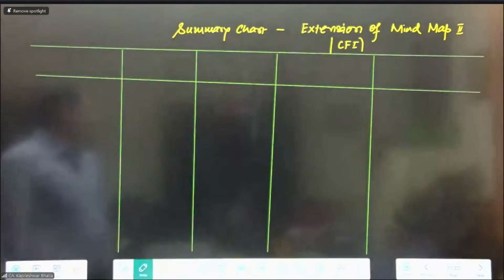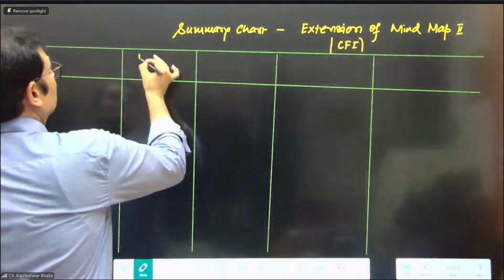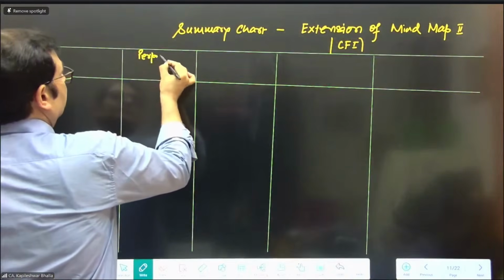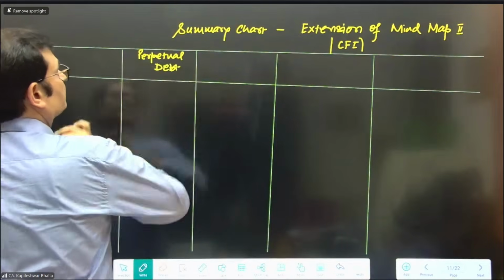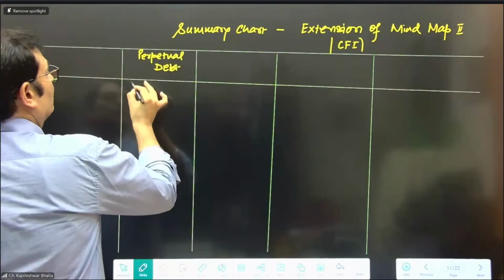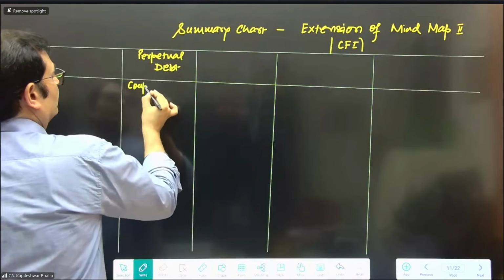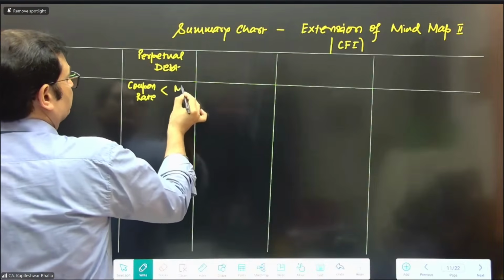So I'm going to show you different kinds of compound financial instruments. One is a perpetual debt. What is a perpetual debt? Where the coupon rate is less than the market rate.